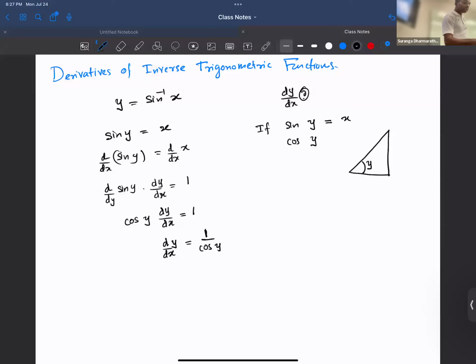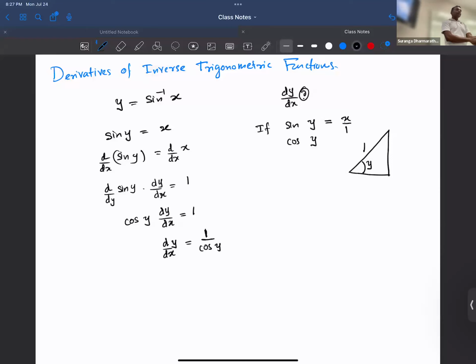Since sine y is equal to x, the hypotenuse has magnitude 1, because this is x divided by 1.